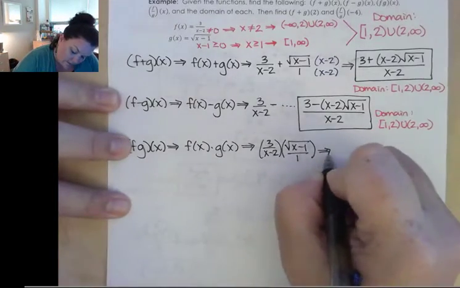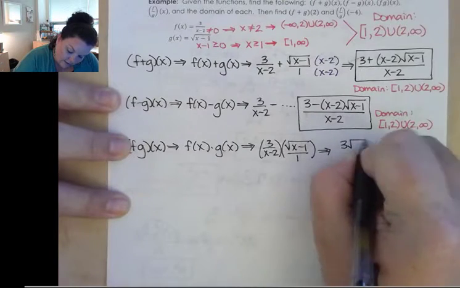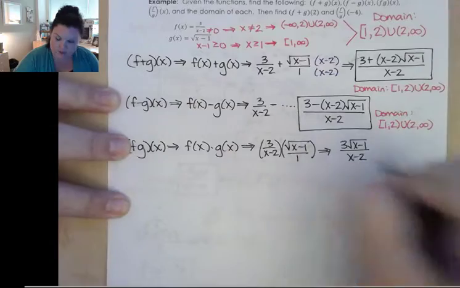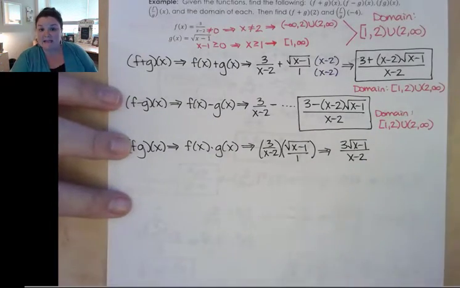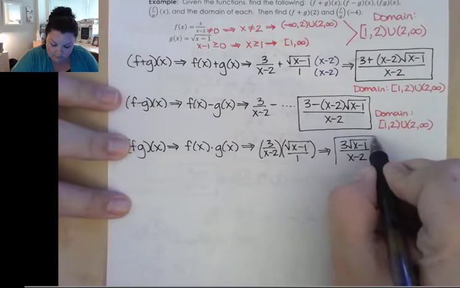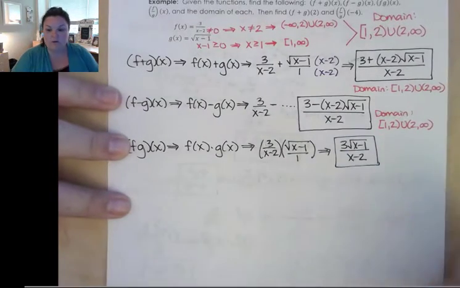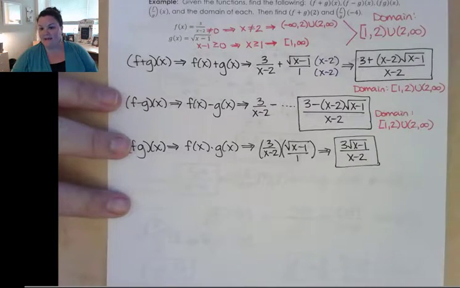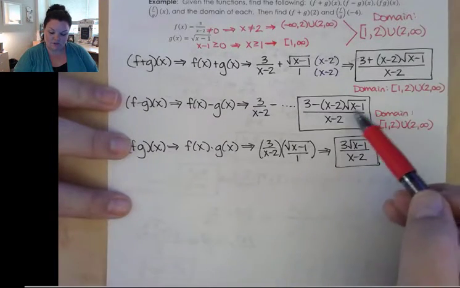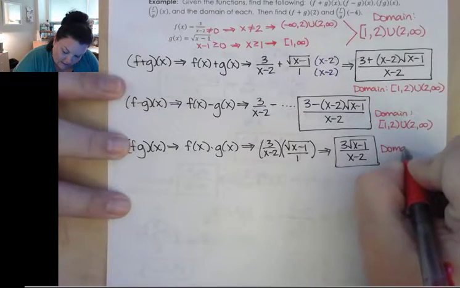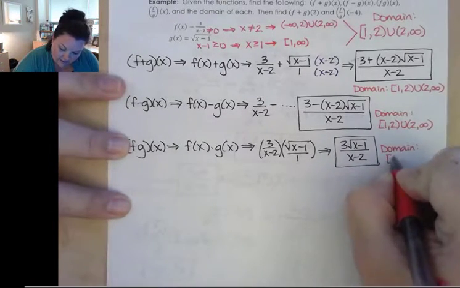Okay. So this is going to give me 3 times the square root of x minus 1 on top and x minus 2 on bottom. Notice I did not distribute that 3 into the radical because it's outside the radical. I cannot distribute into the x minus 1. Okay. Again, same issues we've had all along. So my domain does not need to be adjusted. So it's going to stay the same.